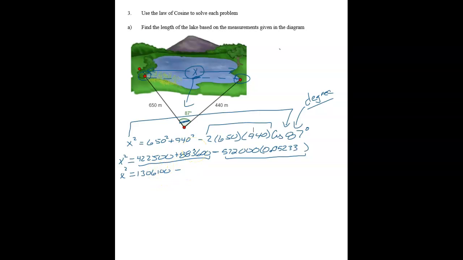And then 572,000 times 0 decimal 05233. And that's going to be 2,993 decimal, and it's 276, so I'm just going to say 28. Subtract these.